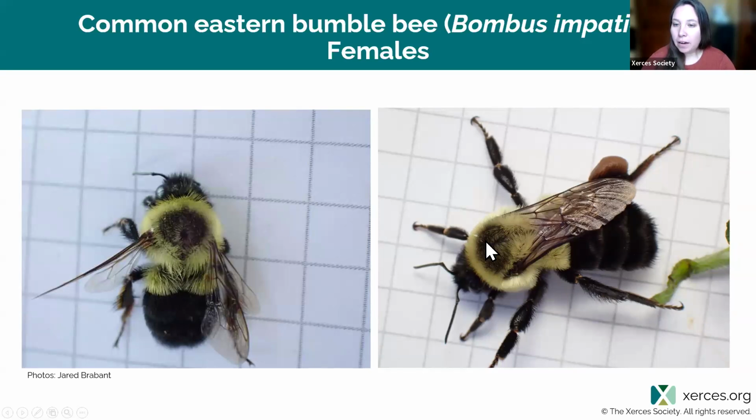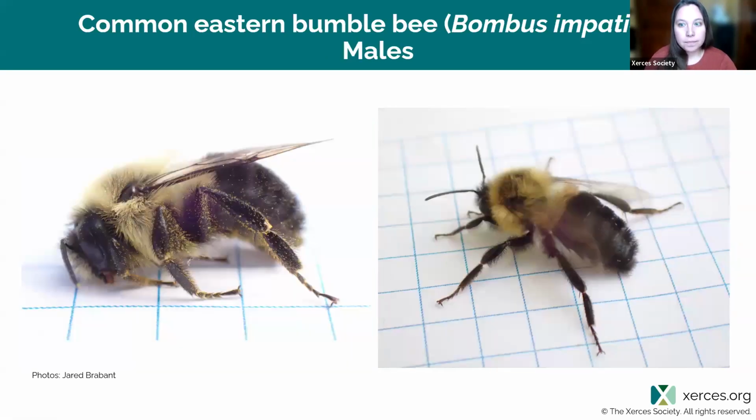We see a similar pattern on the second bee. We can't quite see what's going on with T2, but we can see that T1 is yellow, and that the thorax has that nice teardrop shape that we would expect for Bombus impatiens.